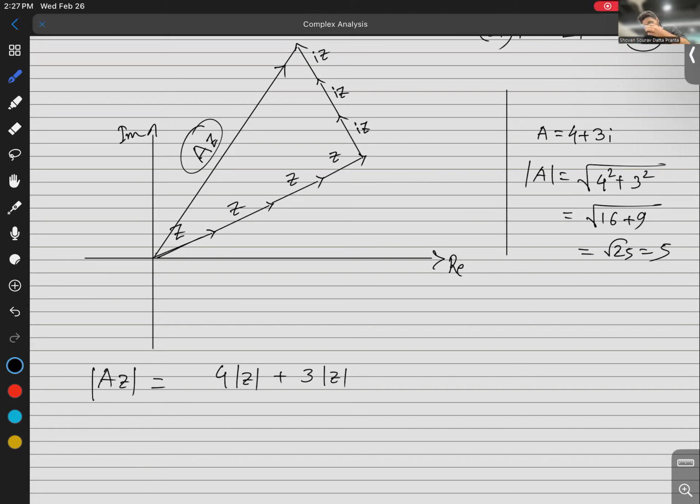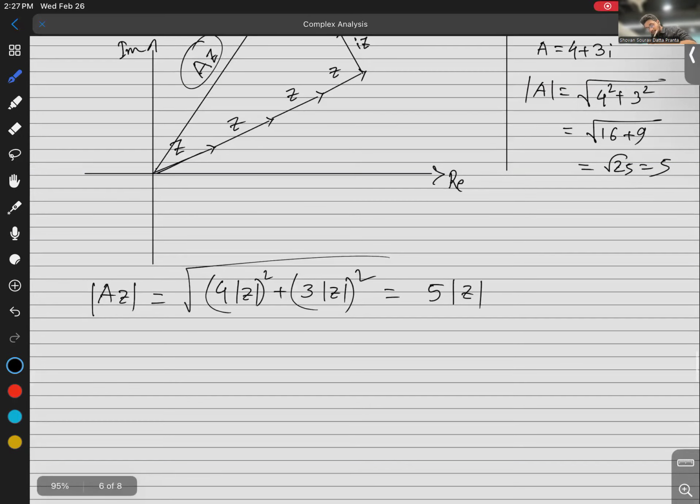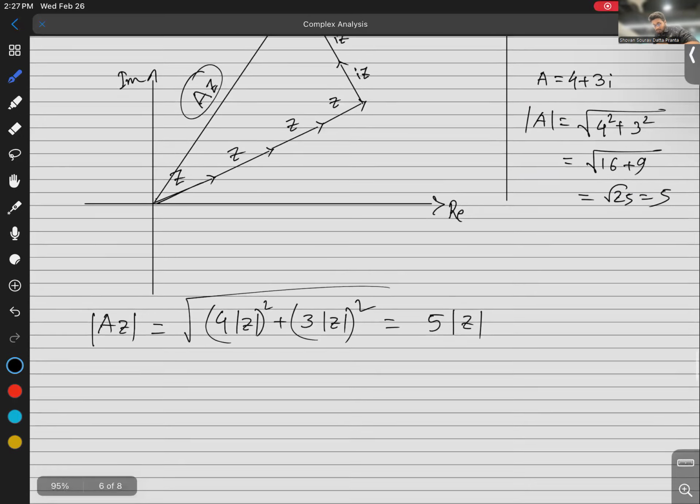We are considering the length only, so square, square root. Eventually we got 5 times the modulus of z. And again, what will be the angle of this?